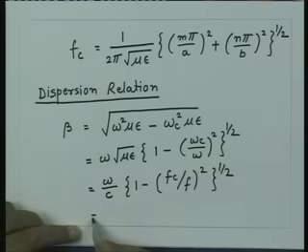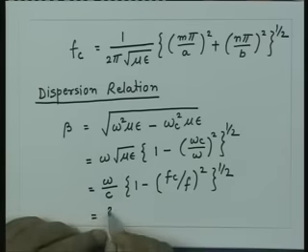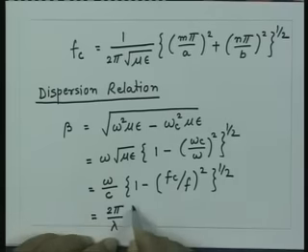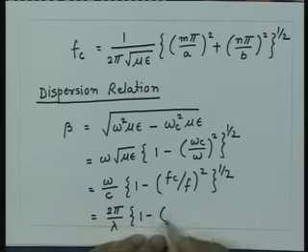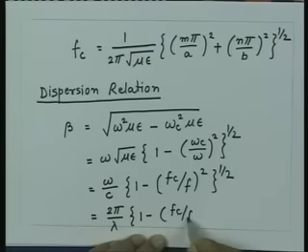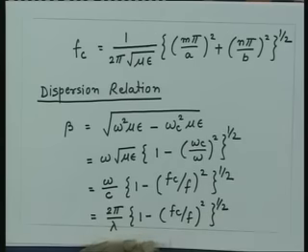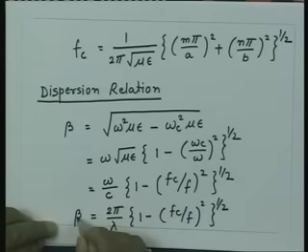So, this quantity we can also write as 2 pi by lambda into the square root of 1 minus (cutoff frequency by frequency) whole square. This is your phase constant.